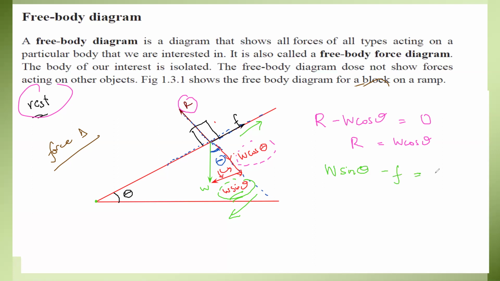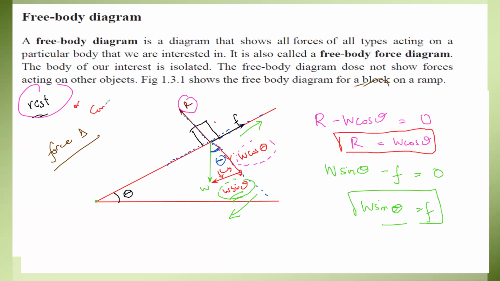So W sine theta minus F is equal to 0, or I can say W sine theta is equal to F. So whenever an object is on an inclined surface at rest, or maybe moving at a constant speed, R will be equal to W cosine theta and F will be equal to W sine theta.